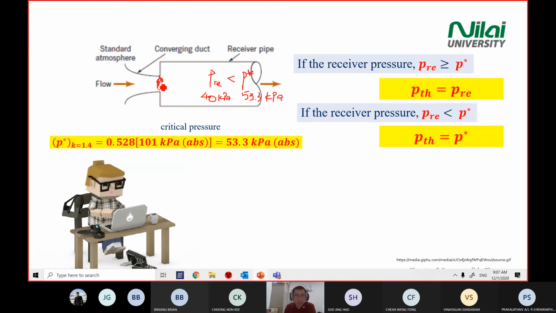Your throat pressure will be equal to the choke point, equal to 53.3 kilopascal. So this is a very important statement that will help you when you analyze a converging-diverging duct.